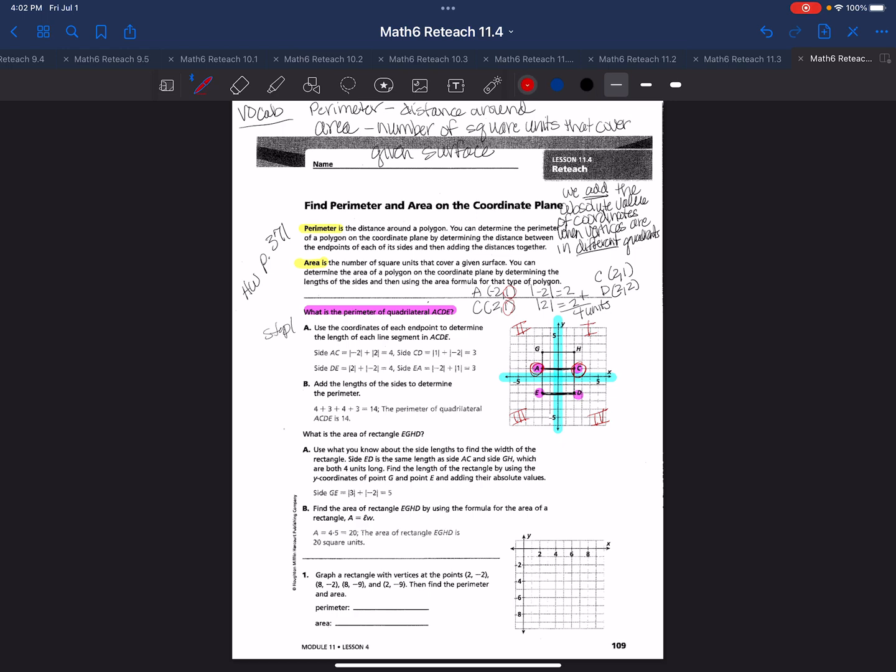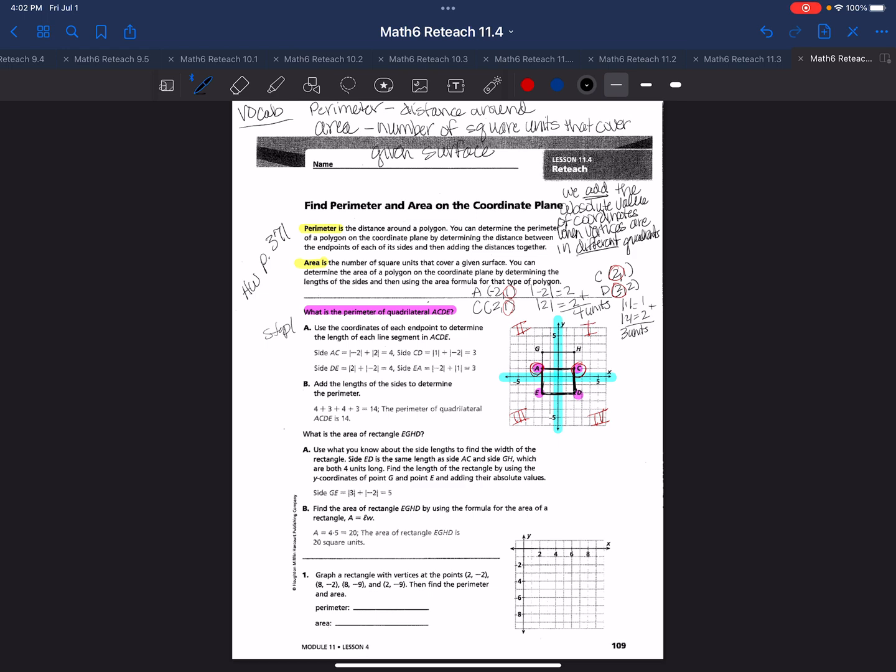So they have x-coordinates in common. So I need to take the absolute value of the y. The absolute value of the y is 1 and 2. 1 plus 2 is 3 units. So I know this side length here is 3 units, and this side length here is 3 units.